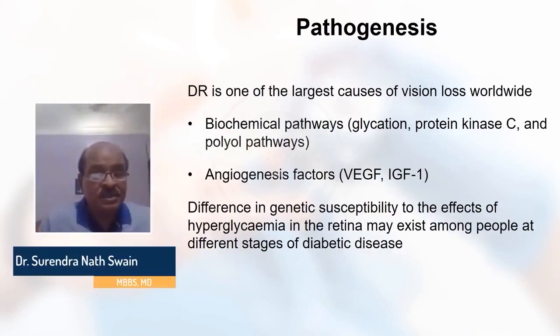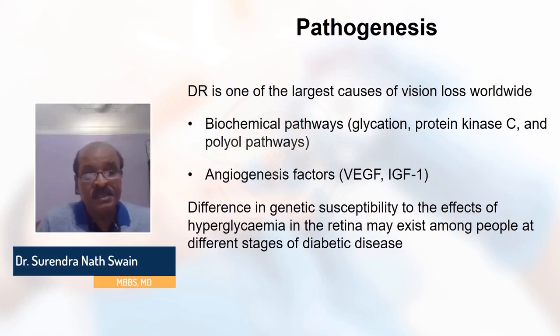What is the pathogenesis? Diabetic retinopathy is one of the largest causes of vision loss worldwide. So for that reason, it's very important. Everybody should know about diabetic retinopathy. And the main cause is the biochemical pathways: advanced glycation, protein kinase C, and polyol pathways are the biochemical pathways, and angiogenesis factors like vascular endothelial growth factor and IGF-1 are increased.